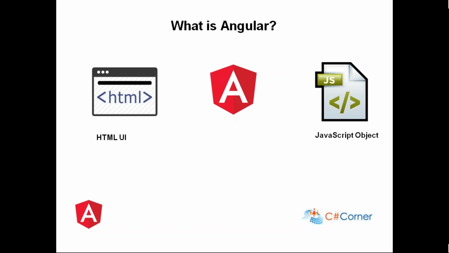Either you can control the data from the UI, so that the data you enter in the HTML is directly mapped to the JavaScript object, and also whatever changes you make in the JavaScript object get reflected in the HTML. That's the primary benefit of using Angular. When a request comes from the UI to the JavaScript object, it converts that UI information into an object.